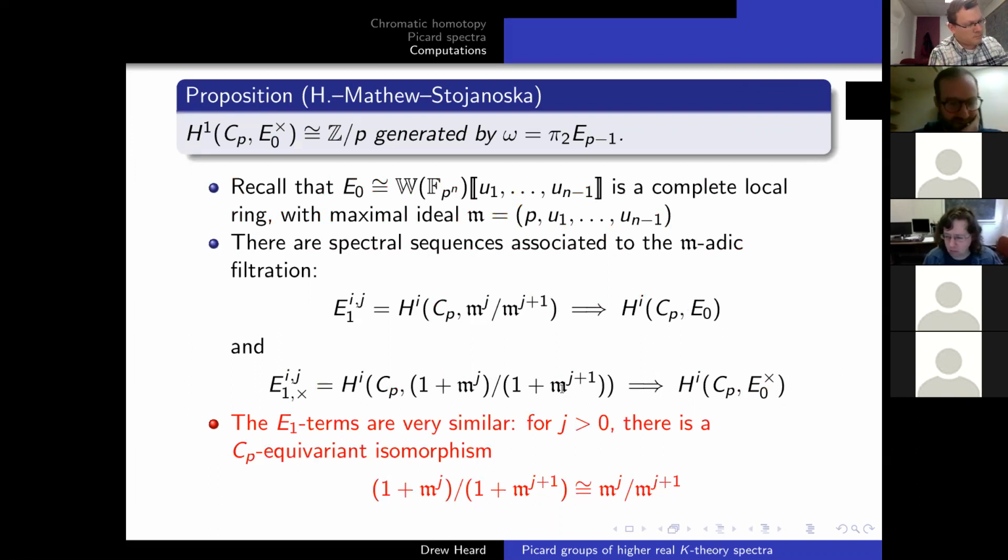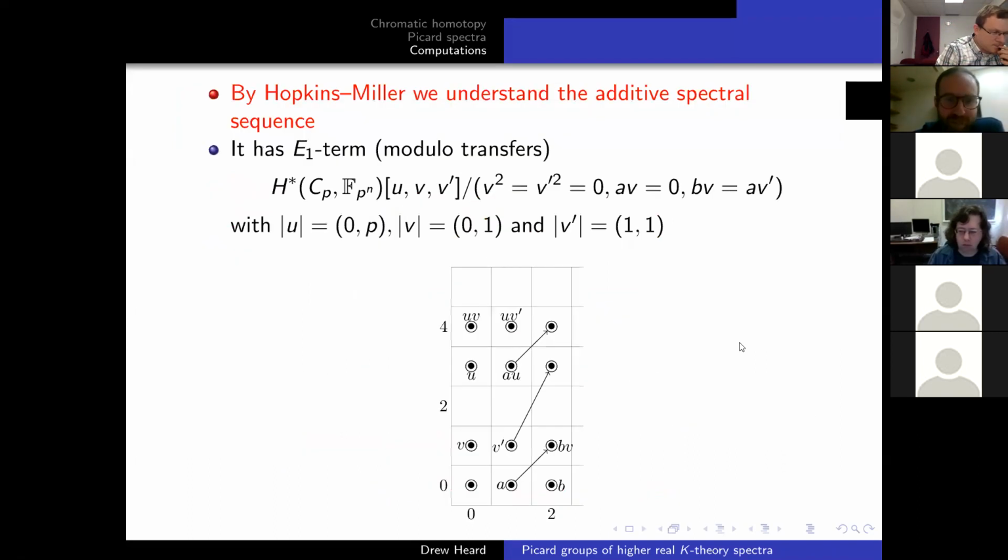And then the second part is to work out all the differentials. Okay, so fortunately, this spectral sequence is sort of understood. It's in unpublished work of Hopkins and Miller, but we were able to back-calculate what the answer has to be.